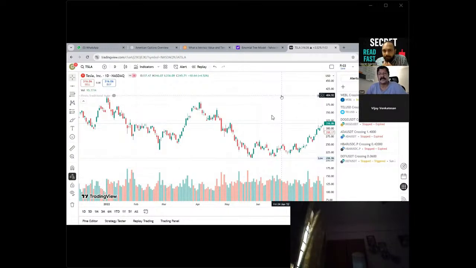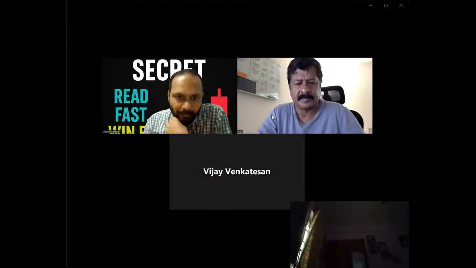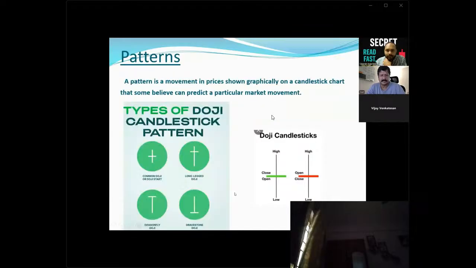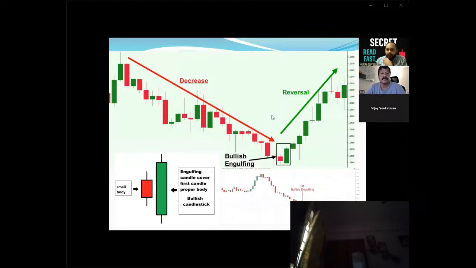Now we will talk about some patterns where we have to see more than one candle. This candle is called bullish engulfing.